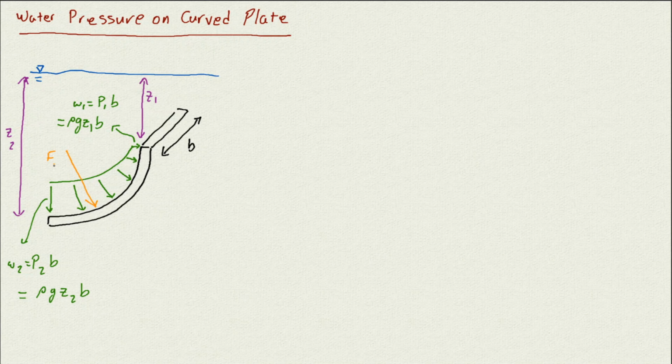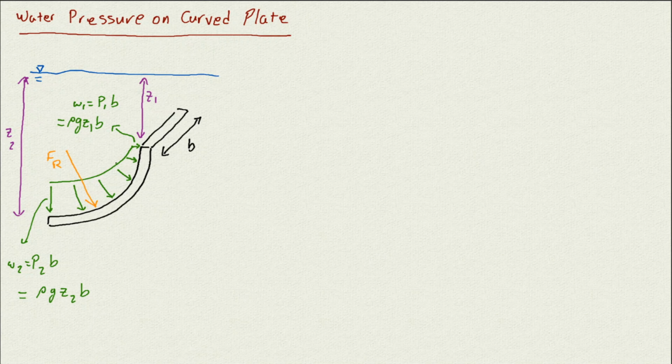One way of doing the calculation is that we go ahead and look at this distributed load. The magnitude of that resultant force is the area of that distributed load, and the location where it is going to act is the centroid of that distributed load.